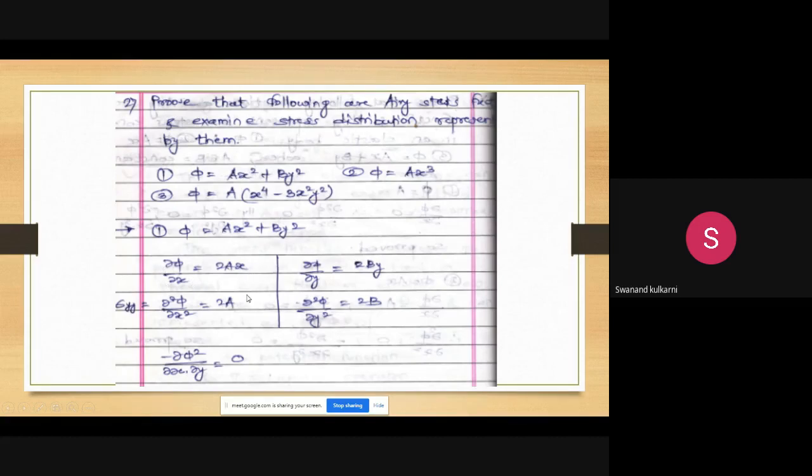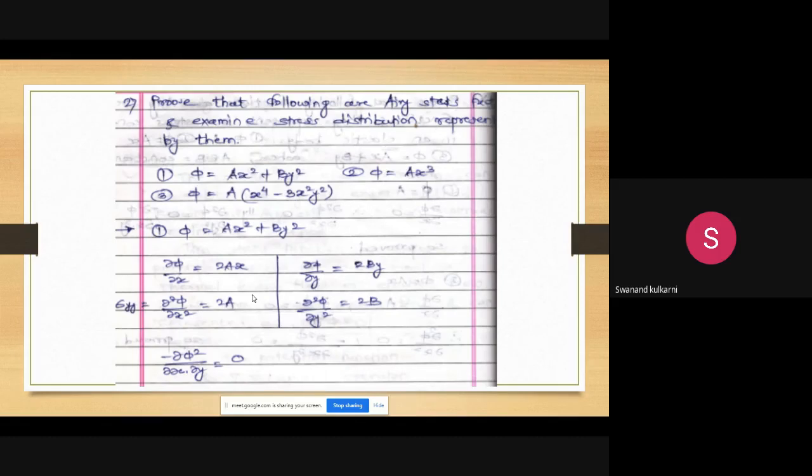Here we can see this. With the definition of Airy stress function, how have we identified sigma xx? Bhushan, Manoj, what is the sigma xx as per Airy stress function? As per Airy stress function, what is sigma xx and what is sigma yy?